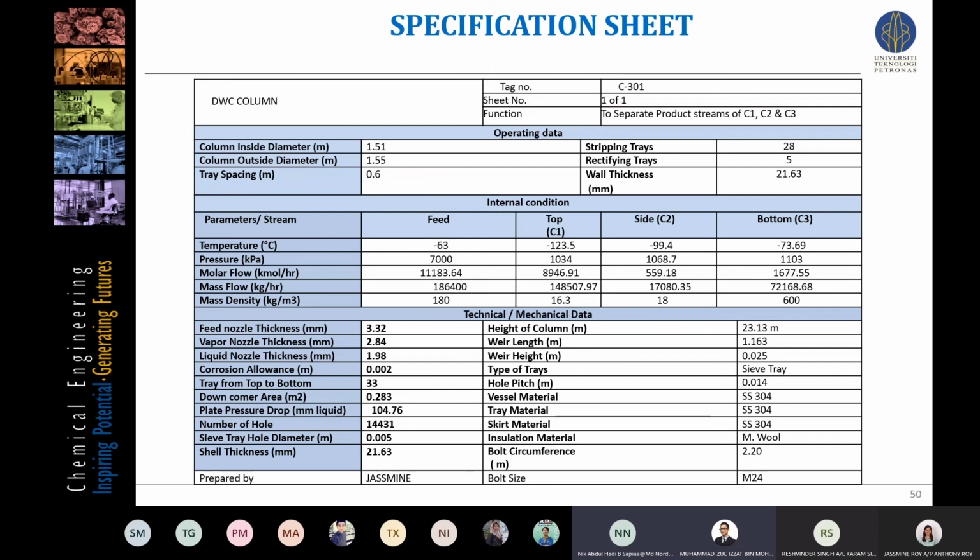So feed temperature is negative 63, top negative 123, side negative 99, bottom negative 73.